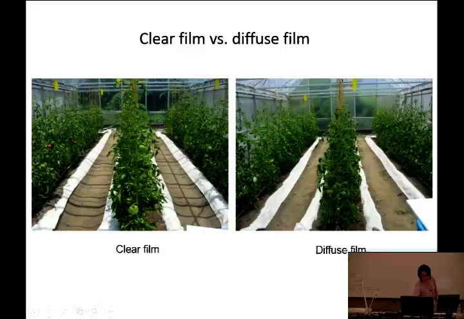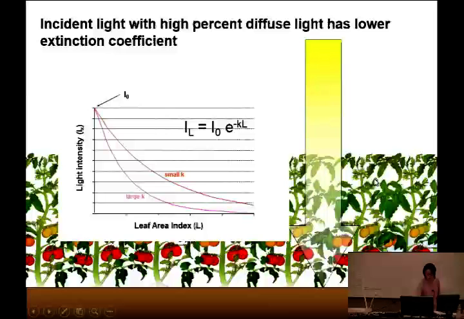Okay, so under clear film and diffuse film, you can see the difference in terms of shadow. Those two greenhouses are under the ETFE film, so the total light is not different, but the shadows, basically the direct light, is largely reduced in the diffuse film condition.